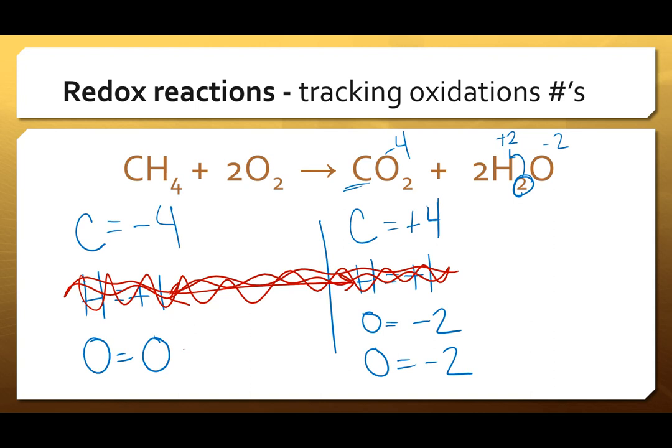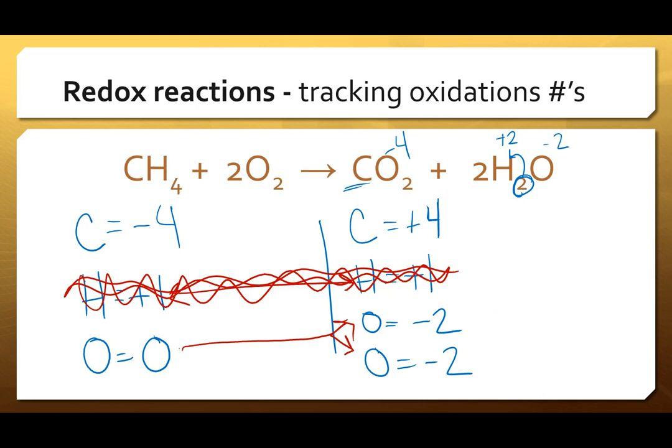All right, so oxygen had an oxidation number of 0. Now it has an oxidation number of -2. So to go from 0 to -2, that means it must have gained 2 electrons, gained 2 negatively charged particles.